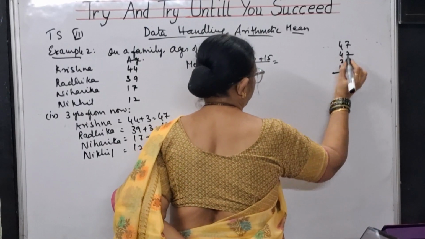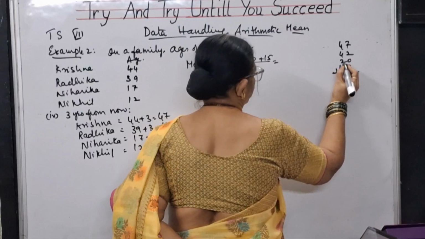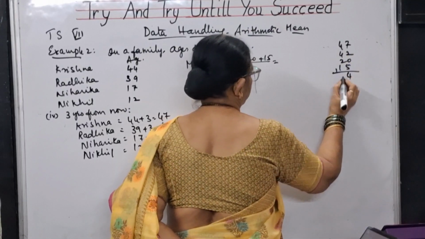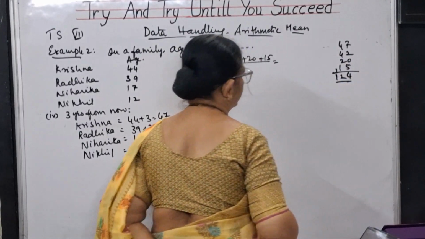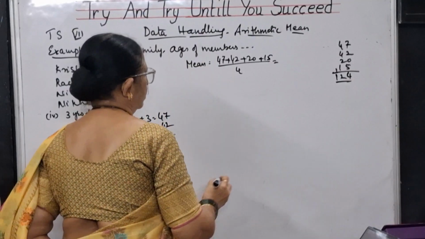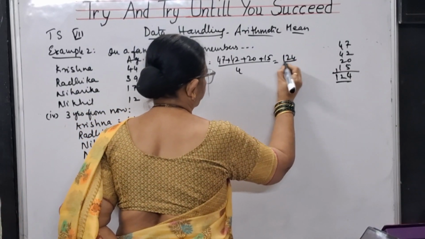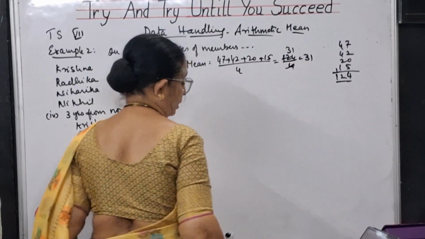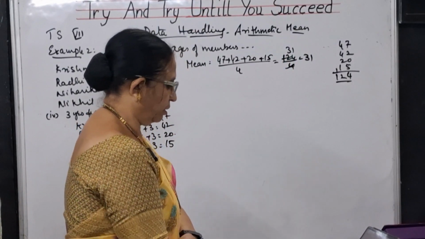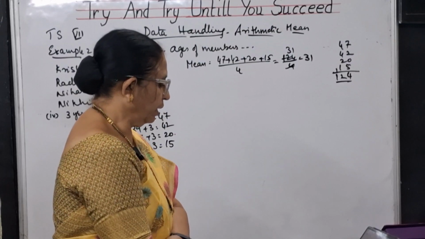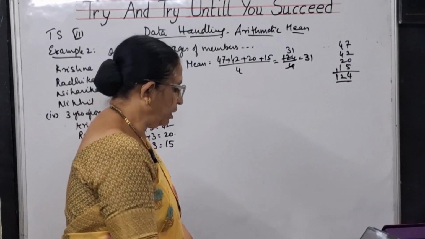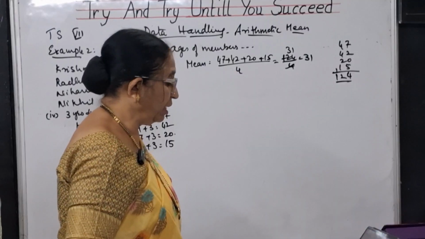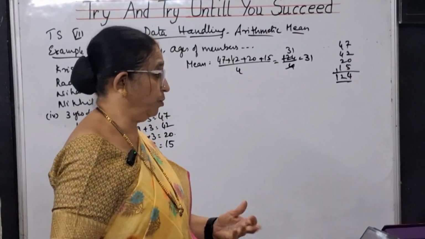This is 5 to 7, 7 to are 14, 2, 4, 4 3s are 12. 124, you are getting 124 by 4. 4 3s are 12, 4 1s are 31. You have got mean. What do you think will be the mean age of the family 10 years from now?